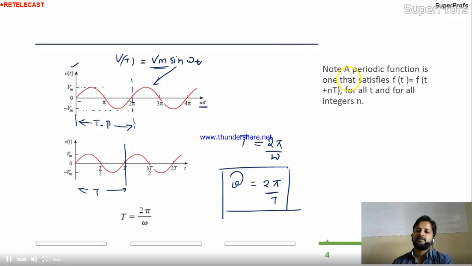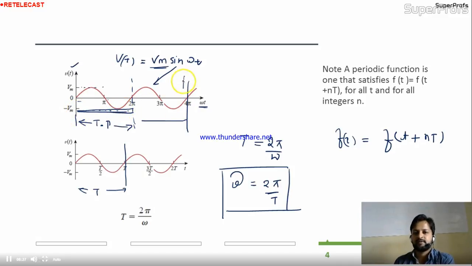Now, a periodic function is one that satisfies f(t) = f(t + nT). What it means is that the value of the function f(t) will be equal to the value of the function at t = nT. See here, in this region and in this region, the cycles are both the same, right?